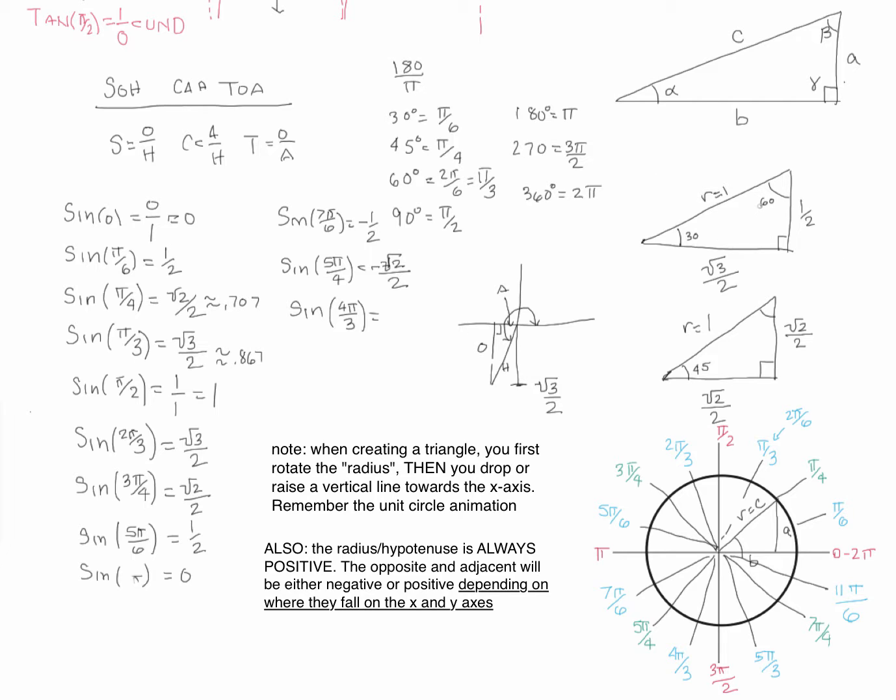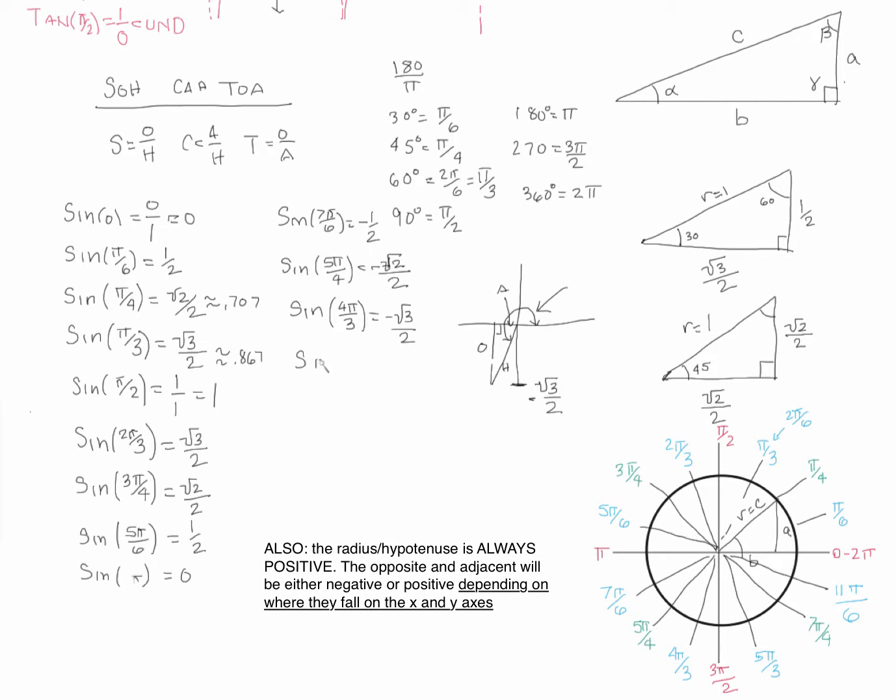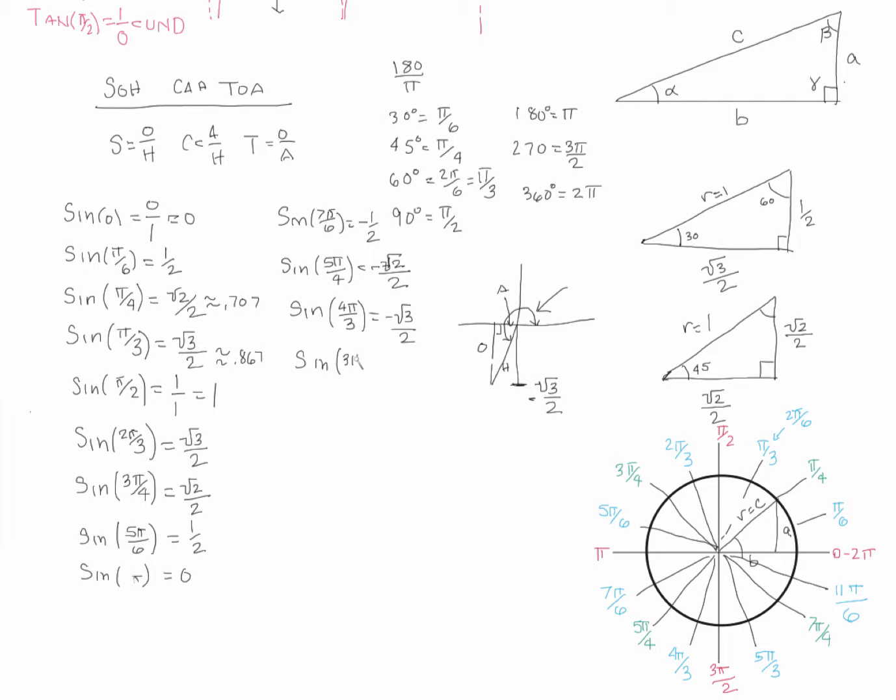Just turn this triangle so that it looks like that. And you will see that this y value is the negative root of 3 over 2. So if we do that, then this value must be the negative root of 3 over 2. For the same reason, this is going to be 0.